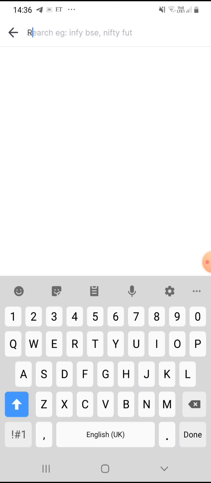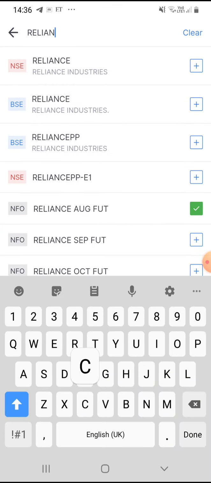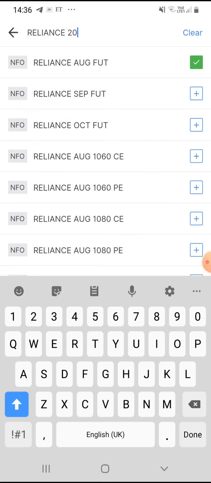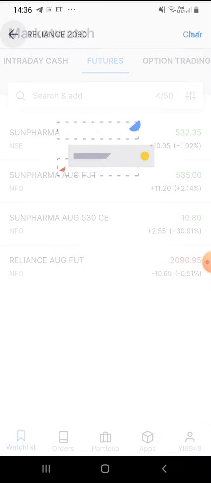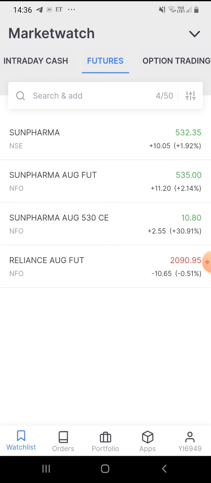So we need to type Reliance 209. Why is it not coming? Because the strike, that's what I am coming to, 2090 is the real value. This is called strikes. I'll tell you this very soon.